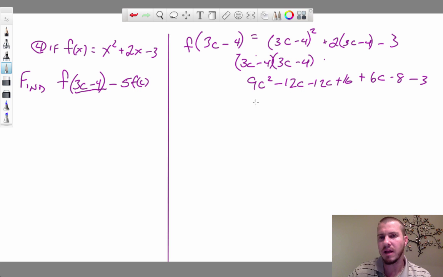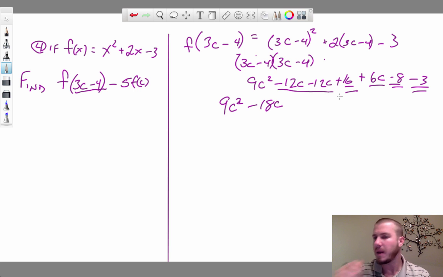And now when I combine my like terms, nothing's going to combine with 9c squared. So that stays 9c squared. The negative 12c combine, but with this positive 6c. So when I combine all those, that becomes negative 18c. And then I have this positive 16, negative 3, and negative 8.